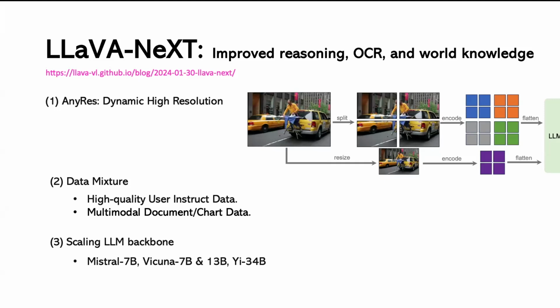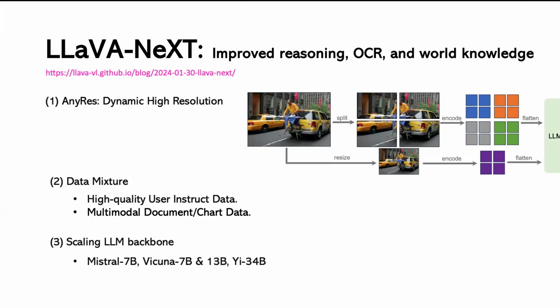In real world scenarios, we have images of a much higher resolution. How could we handle those images? And we propose this AnyRes technique where we divide the image into multiple patches, and then we feed each patch into a ViT, and then get a sequence of visual tokens. And eventually, we concatenate the visual tokens together and feed them into the LLM as a visual representation.